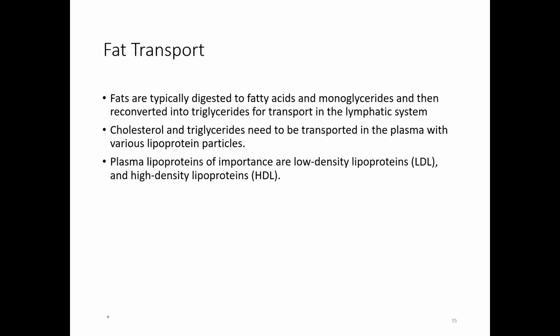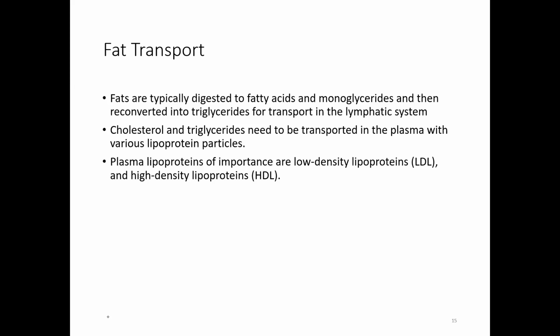The gallbladder releases bile that's made by the liver. The gallbladder doesn't make bile. The liver makes bile, stores it temporarily in the gallbladder. A person can have their gallbladder removed and still eat fats because the liver is going to do its job and make the bile. And the bile is made from cholesterol.